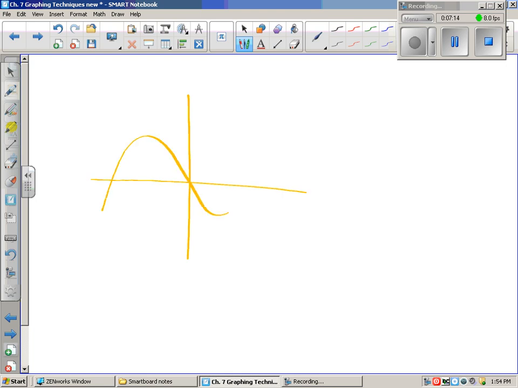I know it's not exactly the same, but let's just say this is our graph. And it tells you, okay, this is y equals f of x. I want you to find x equals f of y. So it wants you to switch the x and the y's around. How do you do that when you don't have the equation? What are you going to do?